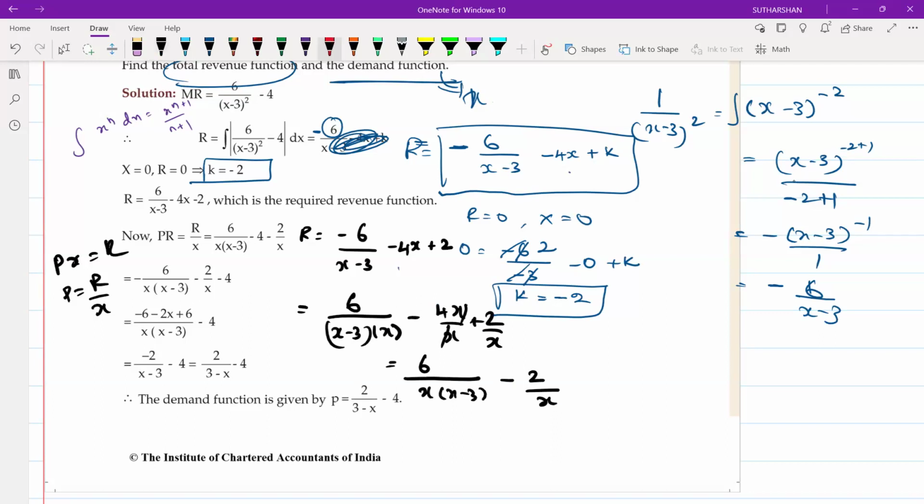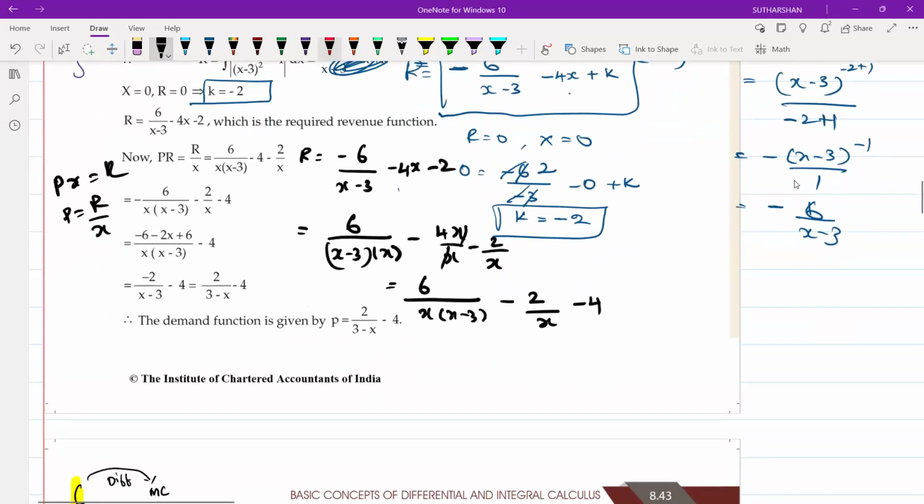Here, what is the R value? Sorry, the R constant is minus 2. So it is minus 2 by x, minus 4 is the required value. If I take the LCM for this, every x will get cancelled easily. So it will be x minus 3. If I do cross multiplication, it will become 6 minus 2 into (x minus 3), minus 4.